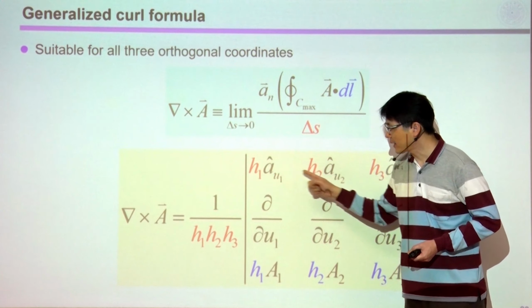So take a good look for 30 seconds and ask yourselves why the generalized expression is formulated in this way. I'm using the color red to represent one quantity and blue to relate to the differential length.